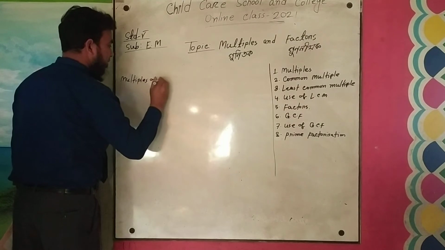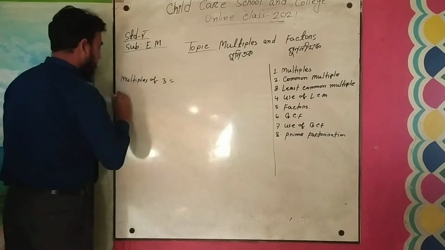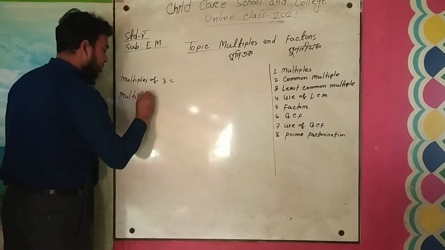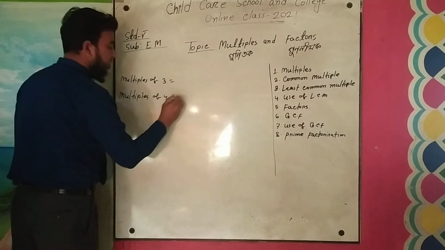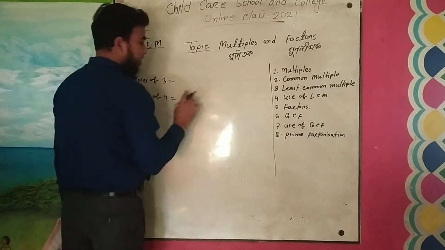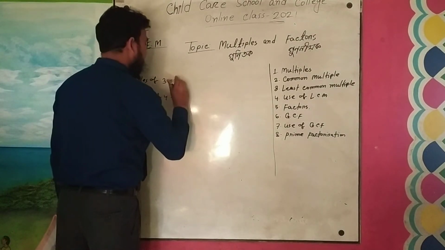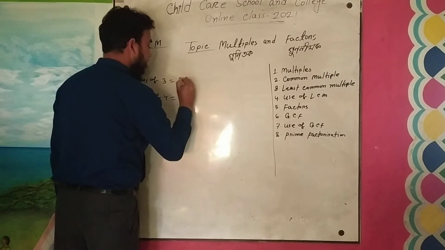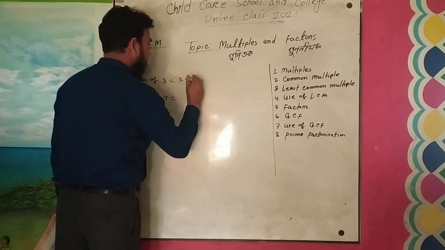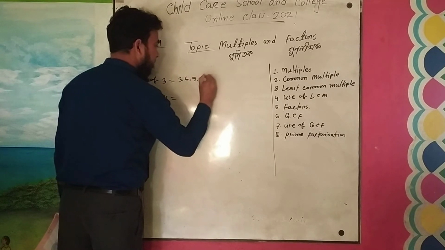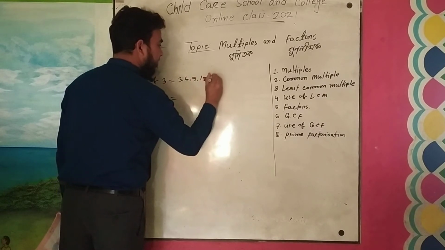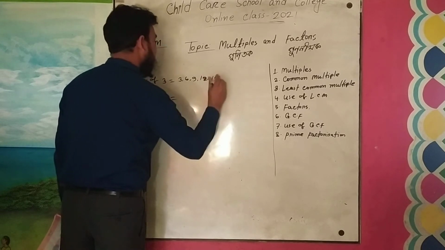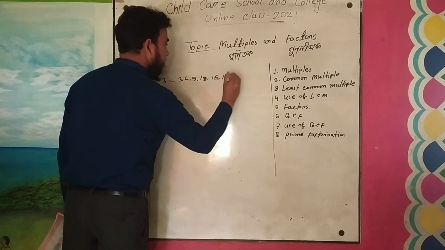If we write multiples of 3, it will be 3, then 6, then 9, 12, 15, 18.